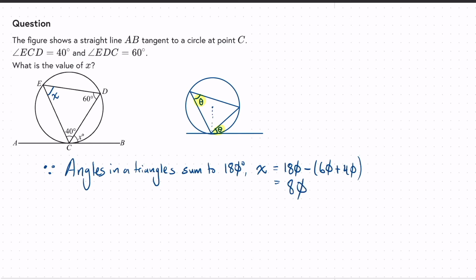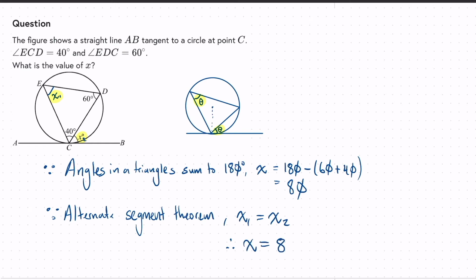So if this is equal to 80, then this is going to be equal to 80 as well. So we do that down here. Because of the alternate segment theorem, right, and there's a little x there and a little x there, x1 is equal to x2, therefore x equals 80 degrees.